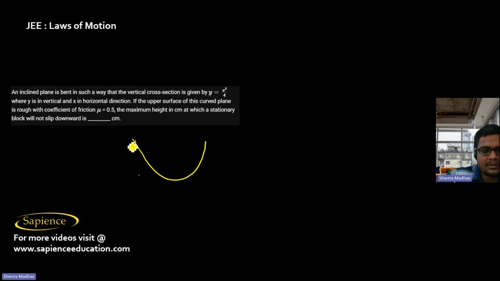An inclined plane is bent in such a way that the vertical cross section is given by y equal to x square by 4, where y is vertical and x is along horizontal direction.